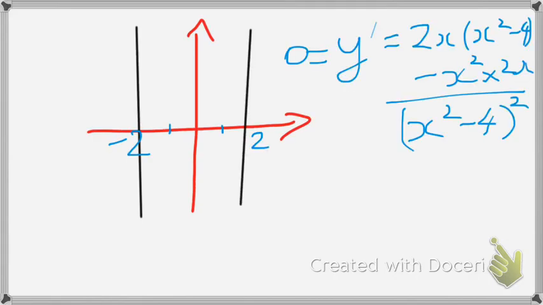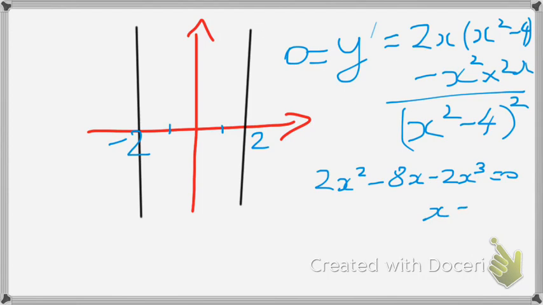Alright, so I've added some of the information on the graph. And I've also taken the first derivative over there as best I could. So I set it equal to 0, which gives me, if I expand all that out, 2x cubed minus 8x minus 2x cubed equals 0.